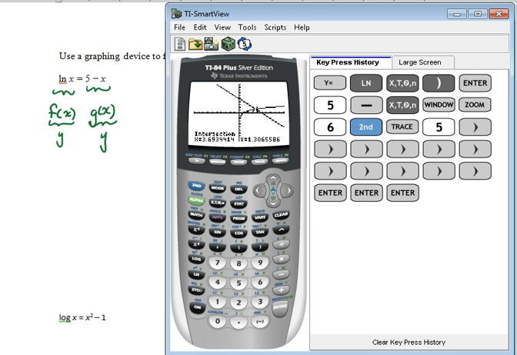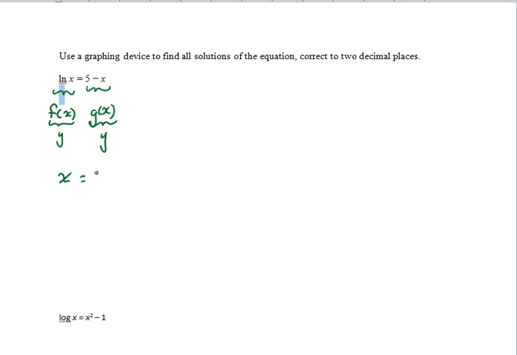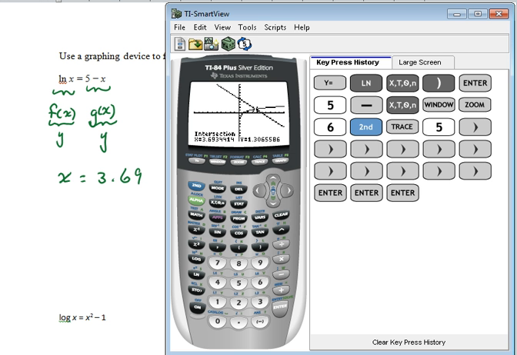And so correct to 2 decimal positions, the value of x where they intersect is 3.69. At approximately 3.69, both the left and the right side have a y value of very close to 1.3.